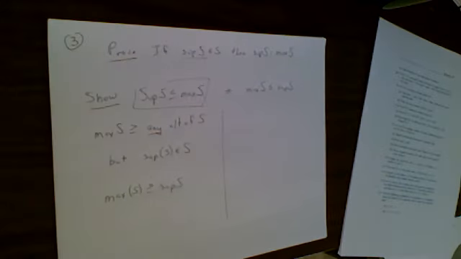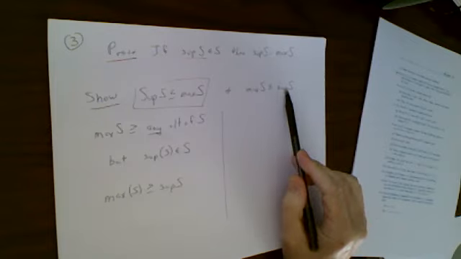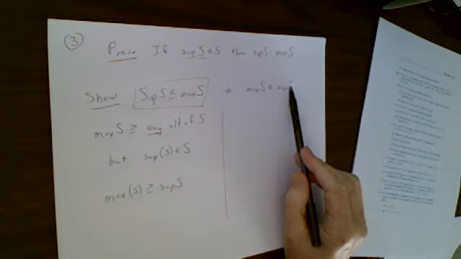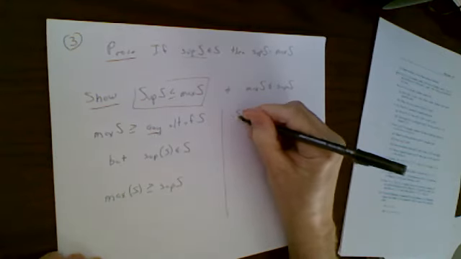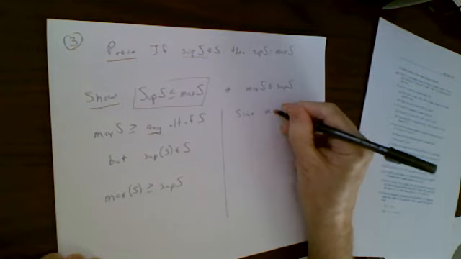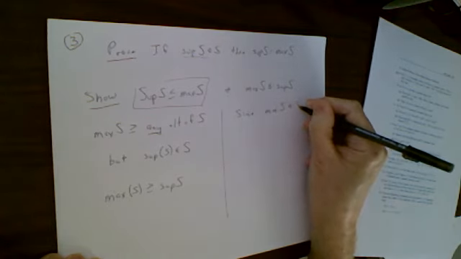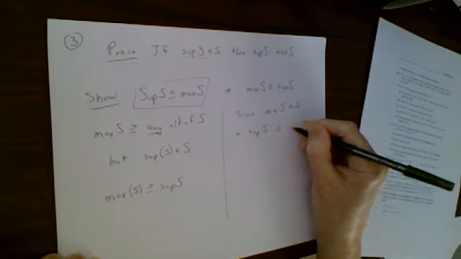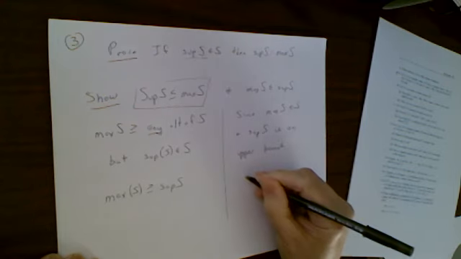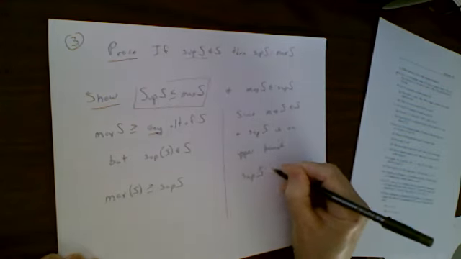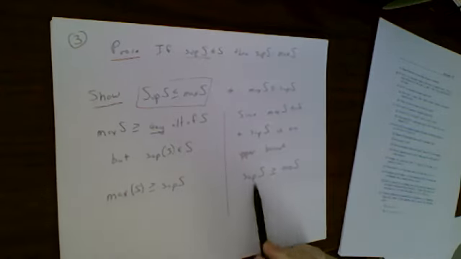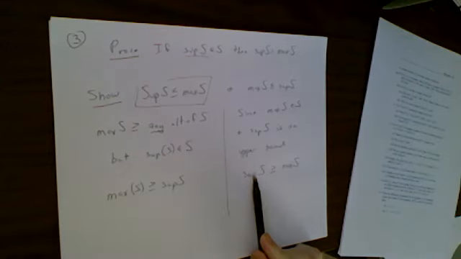In the other direction, the supremum is an upper bound for the set. So the supremum is bigger than or equal to every element of the set. Well, since max S belongs to S and sup S is an upper bound, that means the sup is greater than or equal to the max. Again, supremum is bigger than or equal to every element of the set.